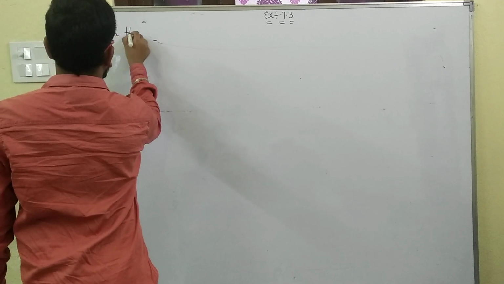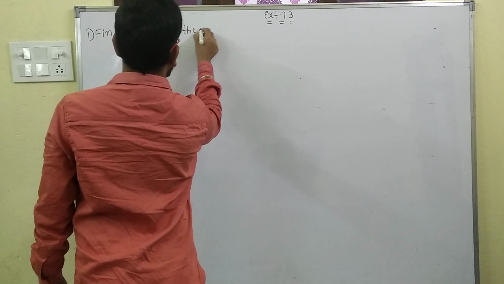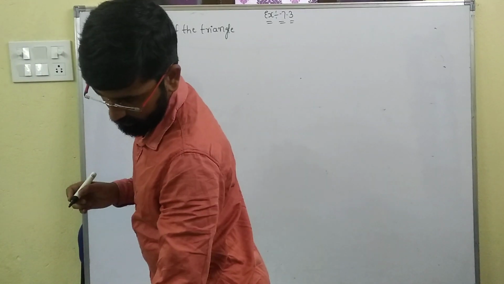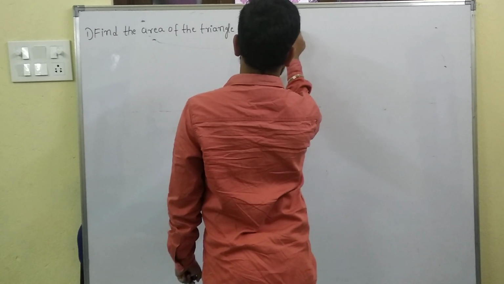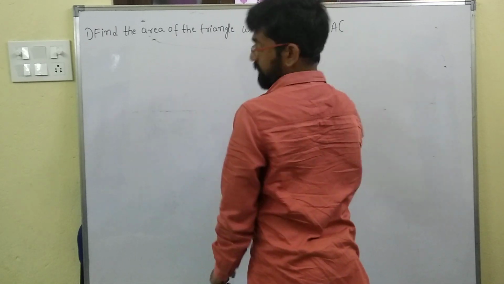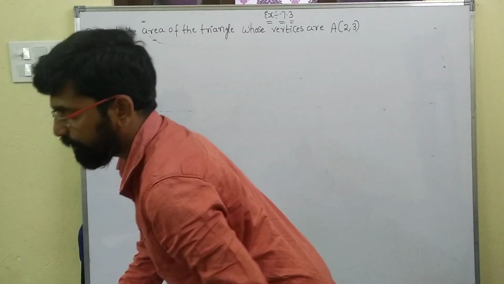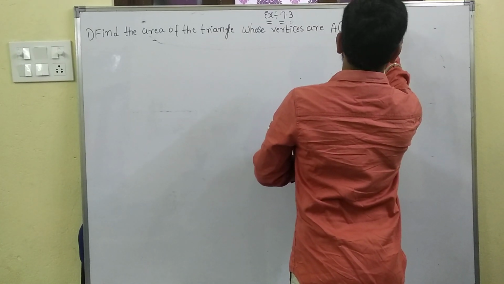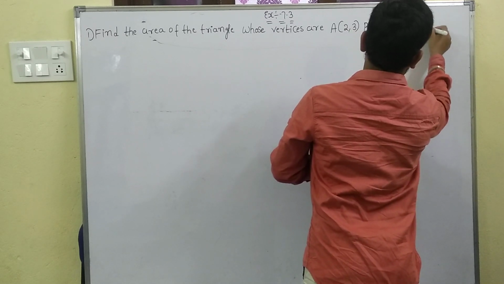Find the area of the triangle whose vertices are point A given as 2, 3, point B given as minus 1, 0, and point C given as 2, minus 4.